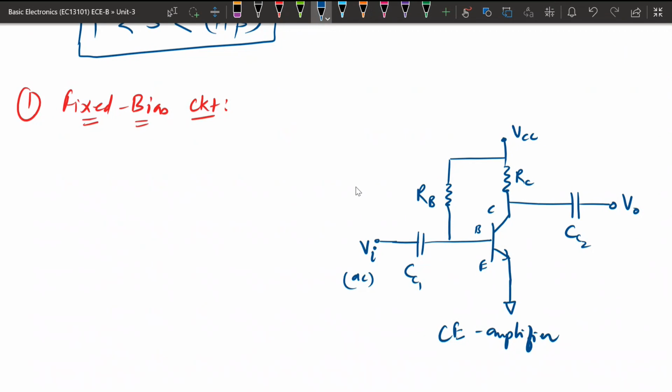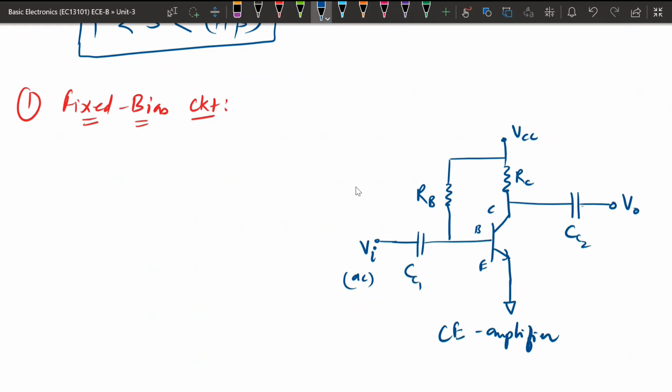Vi is given through a coupling capacitor, and at the collector terminal we take the output through a coupling capacitor, which passes only the AC component and not the DC component. So the AC output is obtained here. This is the complete circuit.